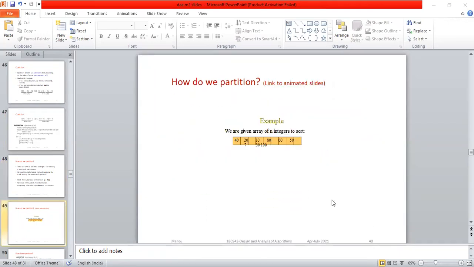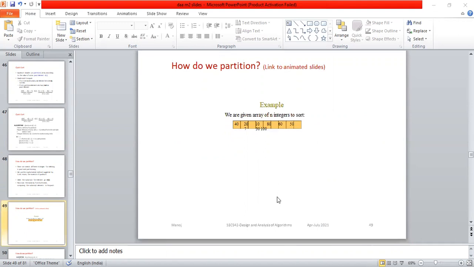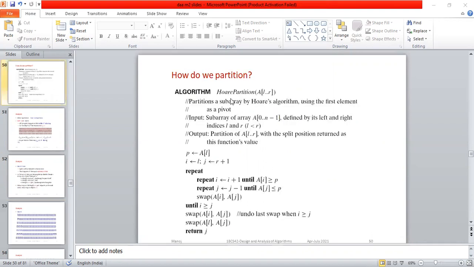Okay. So how do we partition? We are given so many elements, 40, 27, 10, 30, 100 like this. So how do we partition? This is the very case we have seen. So what is the pivot element?